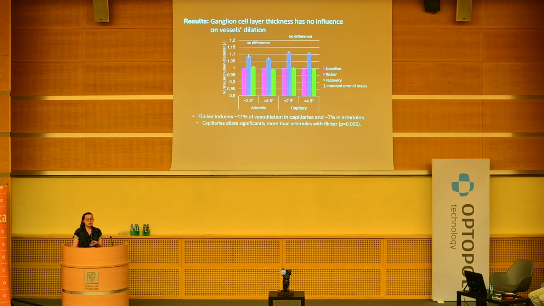What we expected was that the amount of ganglion cells would somehow influence the diameter of the vessels, but regardless of the measured location, so different ganglion cell layer thicknesses, there was no difference in vasodilation.